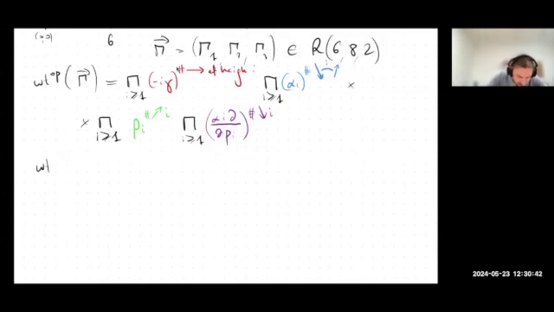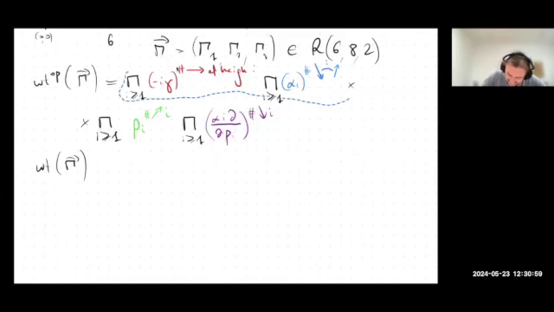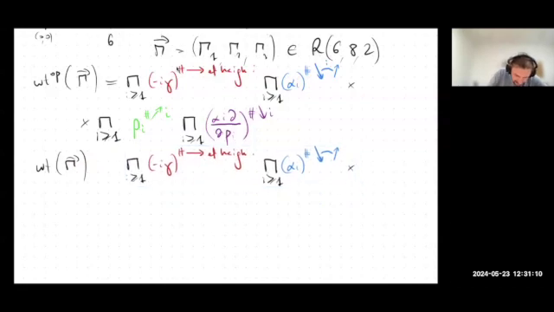There's another weight which is much simpler, and this weight is actually just the scalar part of my previous weight. So it is equal to this.